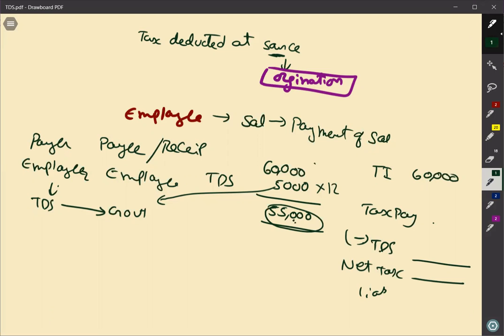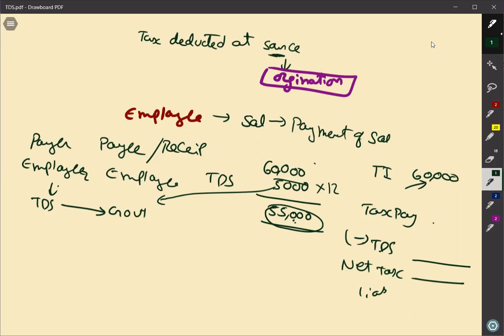Why is TDS being deducted? Say suppose the employer does not deduct this 5,000 as tax and pays 60,000 directly to the employee. What will happen if the employee does not pay the tax to the government? There is a revenue leakage to the government.